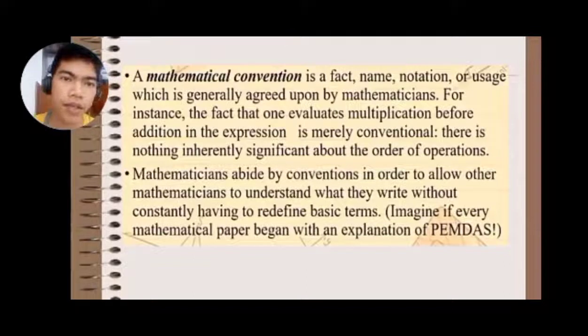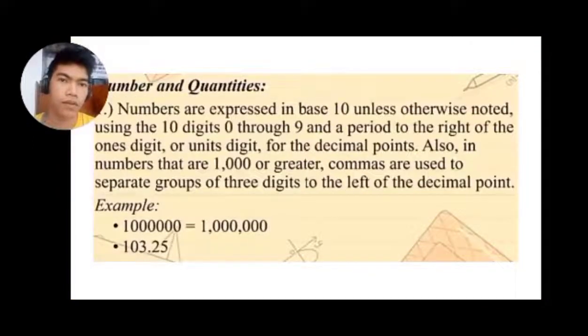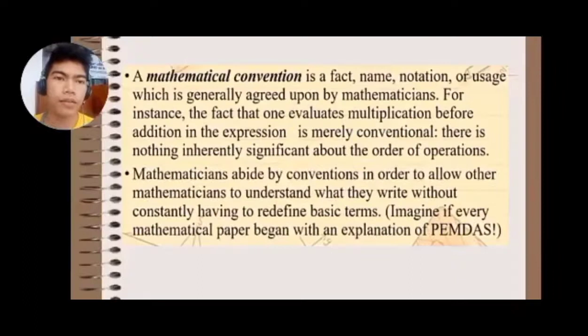There is nothing inherently significant about the order of operations. Mathematicians abide by conventions in order to allow other mathematicians to understand what they write without constantly having to redefine these basic terms. Imagine if every mathematical paper began with an explanation of premise. So, ito po yung mga mathematical convention.